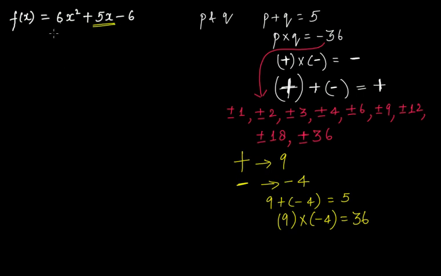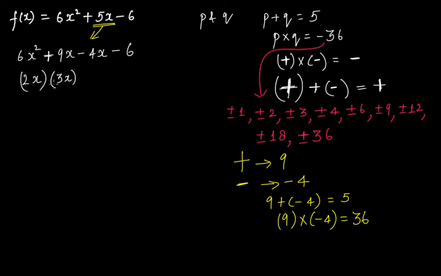So let's split this. Let's write it as 6x squared plus 9x minus 4x, and then minus 6. Now this is 6x squared, this is 3. We can write this 6x squared as 2x multiplied by 3x.